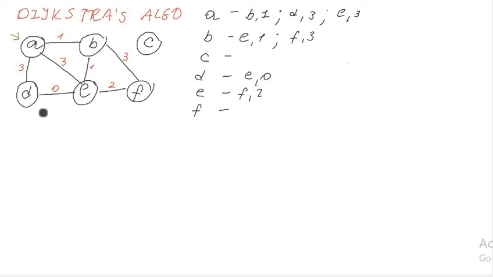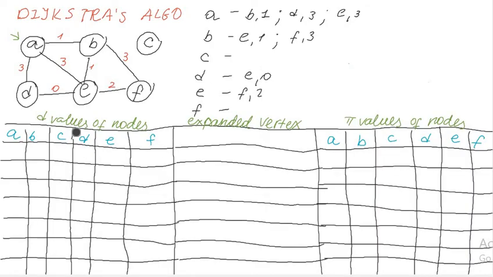Okay, and the next step is we will make a table. So here we have two notations, d-value and p-value. D-value denotes the cost, while p-value just denotes the parent of the node. So here we can get to B from A, so that's why A is the parent of B. And the column in the middle is for the priority queue.